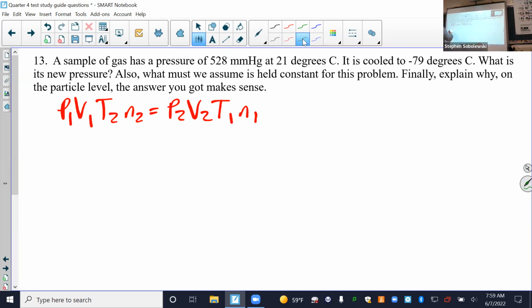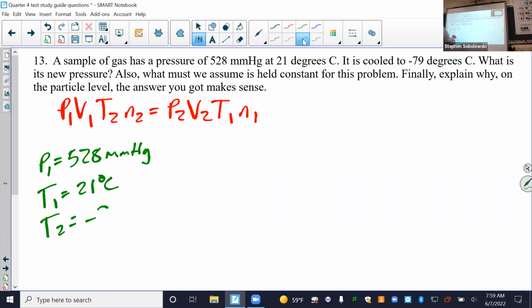All right, so our starting pressure, P1, is 528 mmHg. Our starting temperature, T1, is 21 degrees Celsius. Our final temperature, T2, is negative 79 degrees Celsius. Right. Now, what are the rules here? Do we have to use liters, ATM, moles, Kelvin?